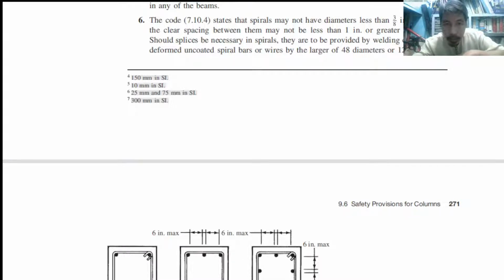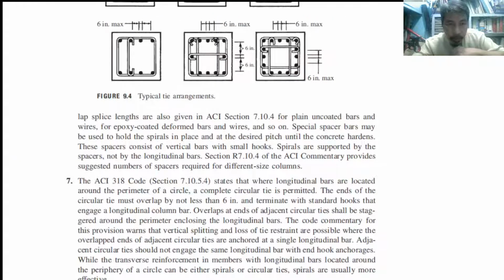So here, code diameter, okay. This is 3/8. Where is the other one?